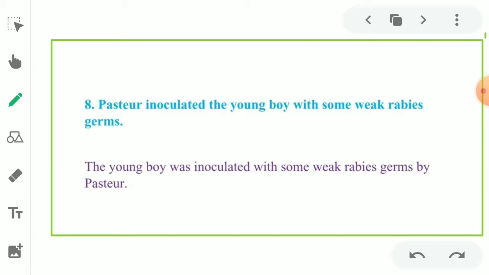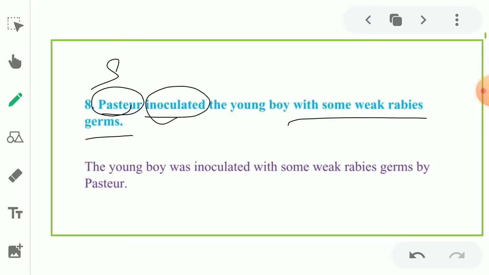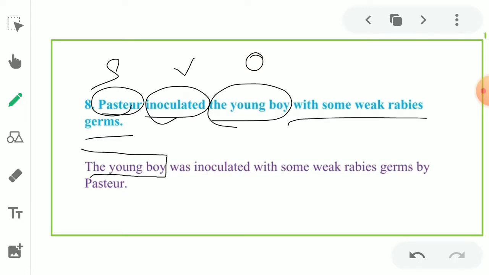Pasteur inoculated the young boy with some weak rabies germs. See, Pasteur is the subject, inoculated is the verb, the young boy is the object. So I have taken the young boy as the subject of the passive.